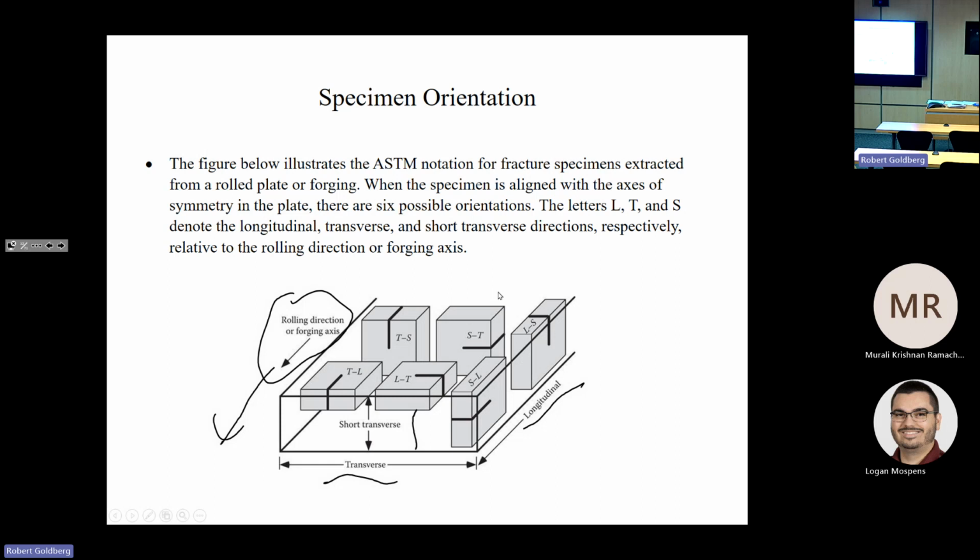So as you can see here, when the specimen is aligned with the axis of symmetry, there's 6 possible orientations, and the letters L, T, and S denote the longitudinal, the transverse, and the short transverse directions relative to the loading direction or the forging axis. And you can see that 2 letters are required to identify the orientation of a fracture mechanics specimen.